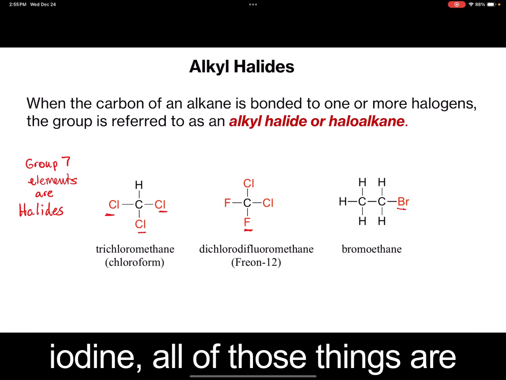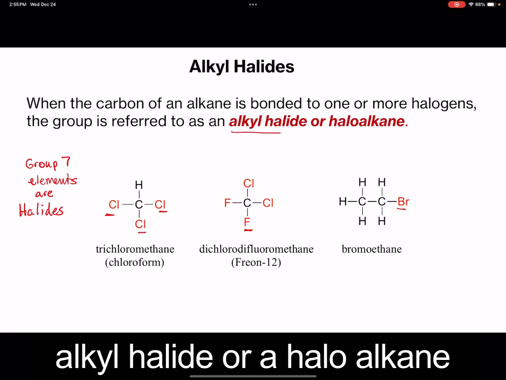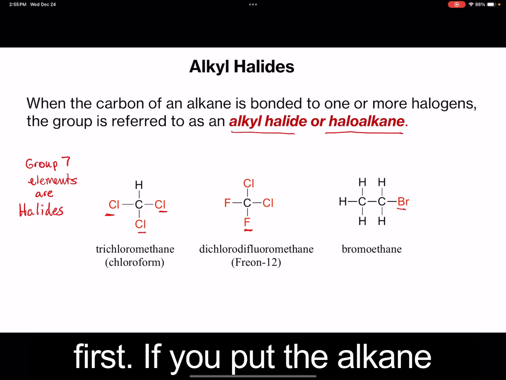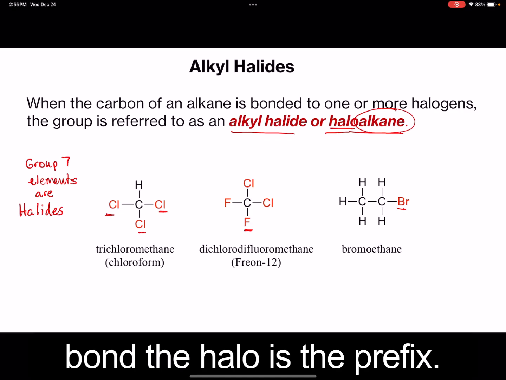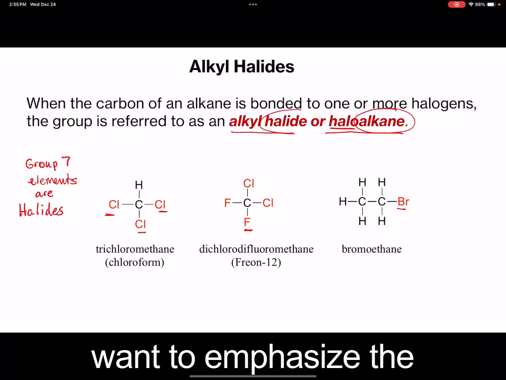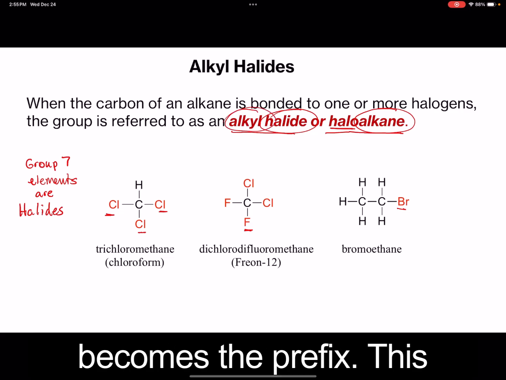All of those things are halides. So you can call it an alkyl halide or a haloalkane, depending on which you put first. You put the alkane first, the carbon-hydrogen bond. The halo is the prefix, that's the halide. Or if you want to emphasize the halide, then the alkyl becomes the prefix.